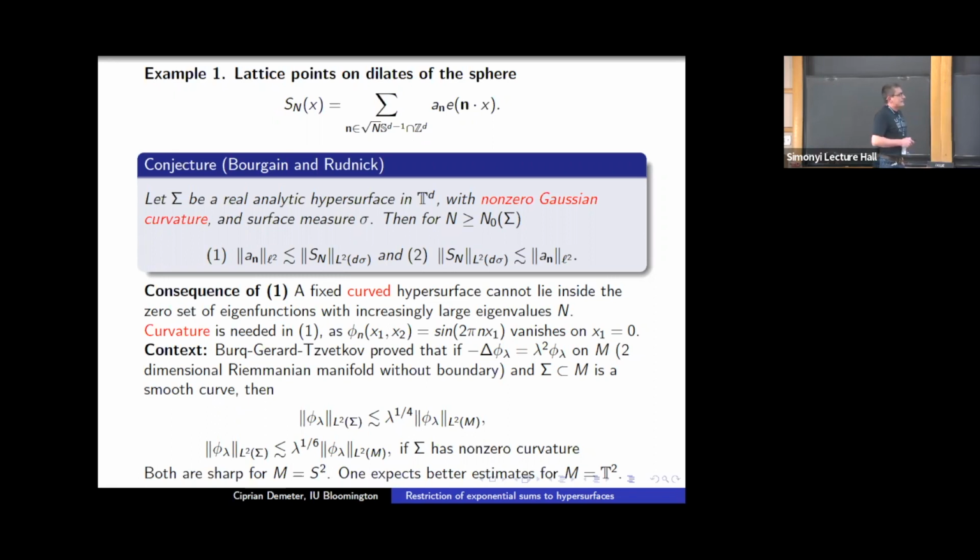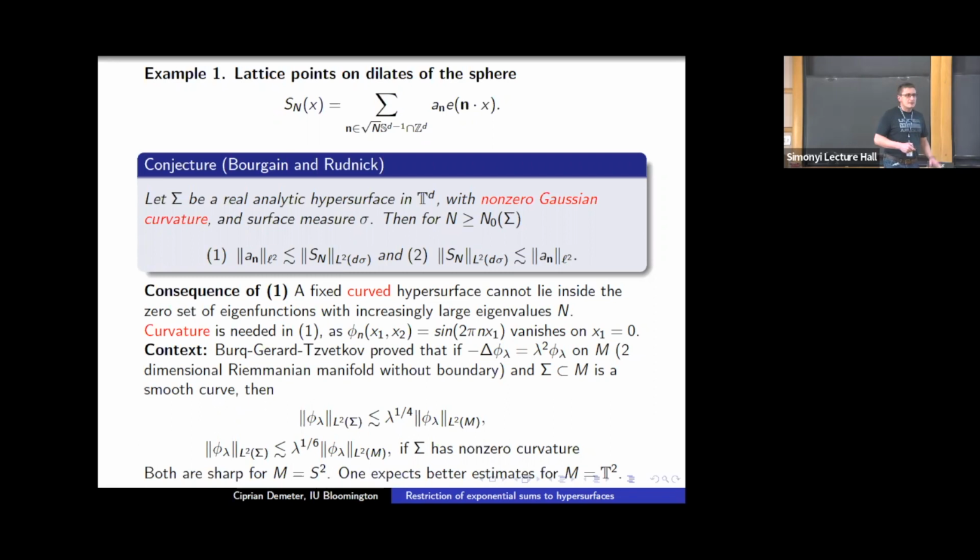It says that assuming the conjecture, any fixed curved hypersurface cannot lie inside the zero set of eigenfunctions associated with increasingly large eigenvalues n. Otherwise, again, you'd make the right hand side zero, and it would violate the fact that the sequence is non-zero.